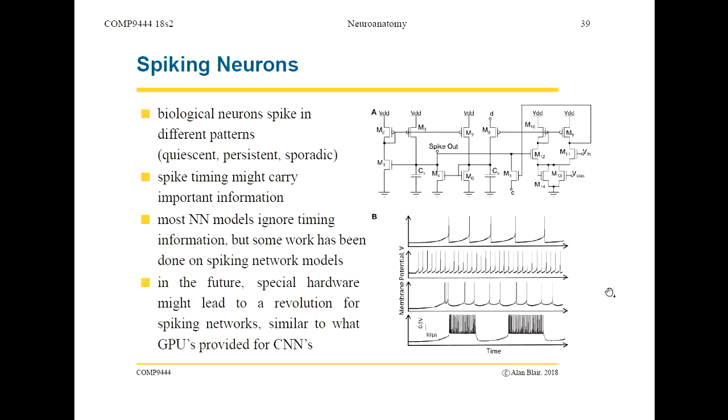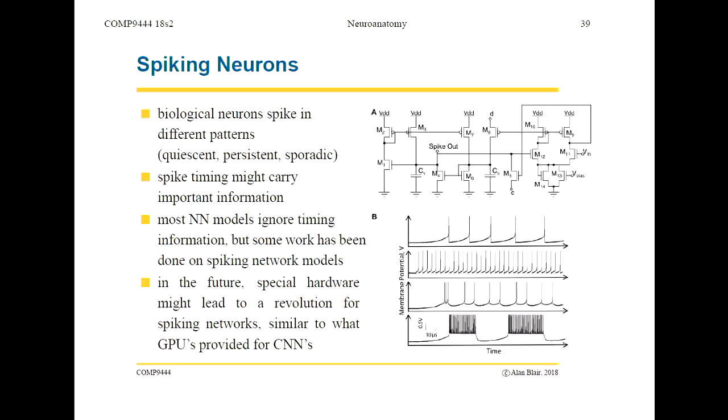Normally with neural networks we abstract away this kind of complexity. Instead of seeing the spike pattern, we just have a number which represents the spiking rate, and we have simplified models. But some people say that important information is actually carried in the pattern of these spikes.